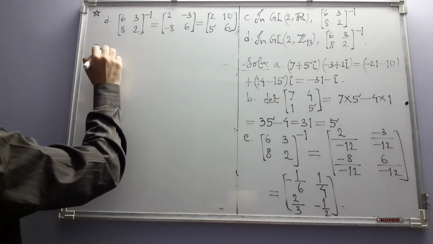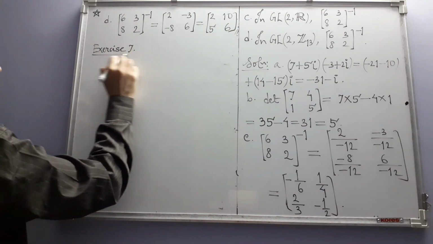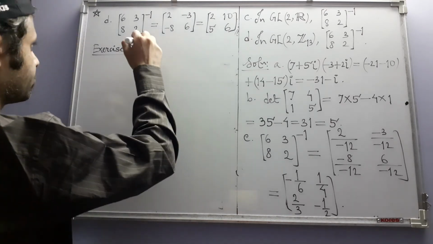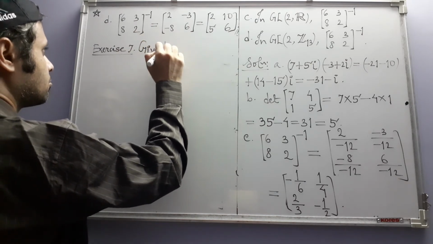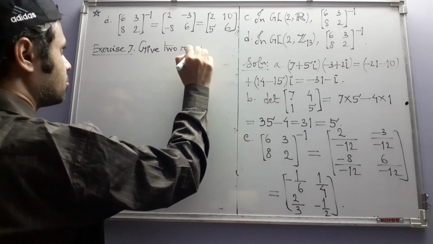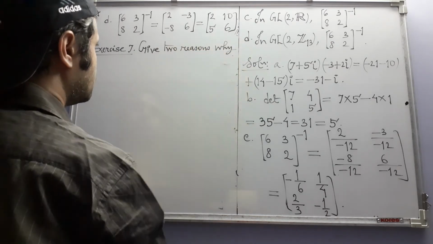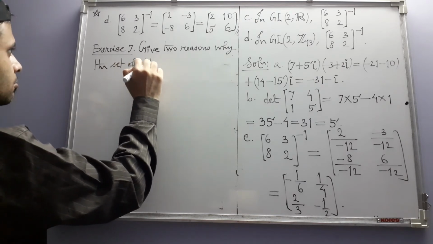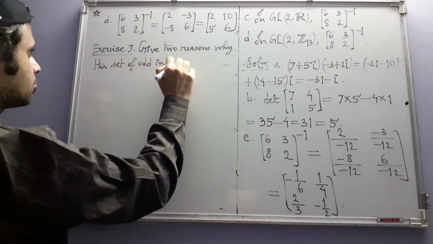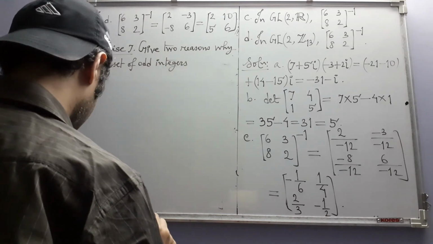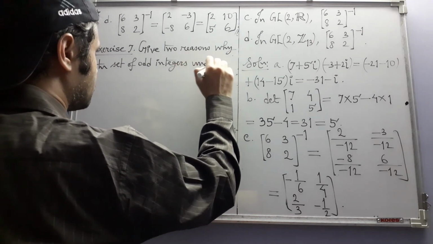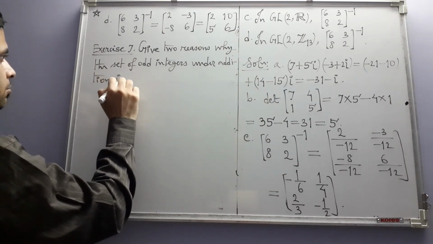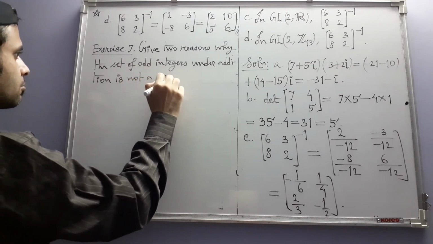Then exercise 7. Give 2 reasons why the set of odd integers under addition is not a group.